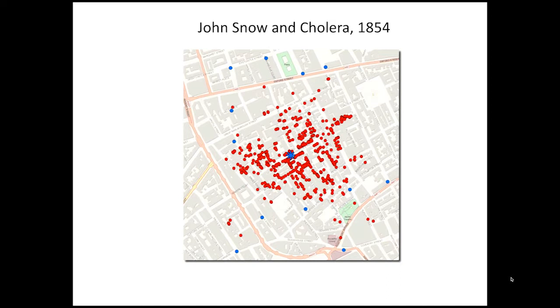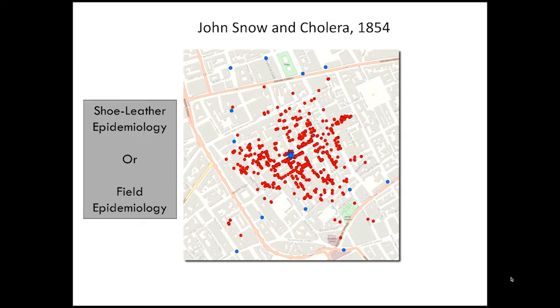And his famous action of removing the handle sort of alleviated that and solved that problem. It's a fascinating story. I encourage you to look at it, but it's classic shoe leather epidemiology, or what we call field epidemiology. These are people that are walking the streets, asking the questions, which is sort of what we want to share with you today.